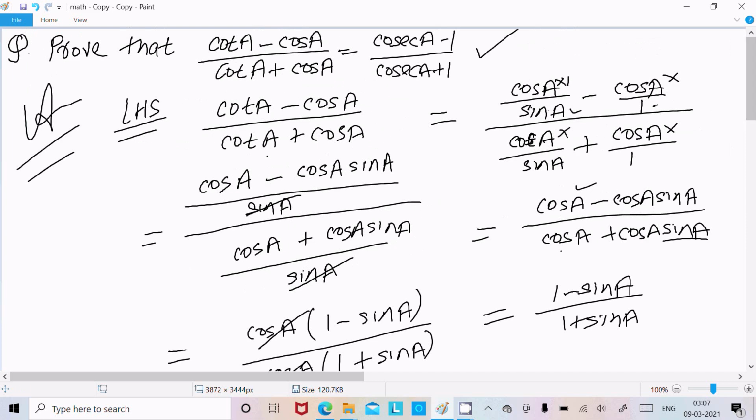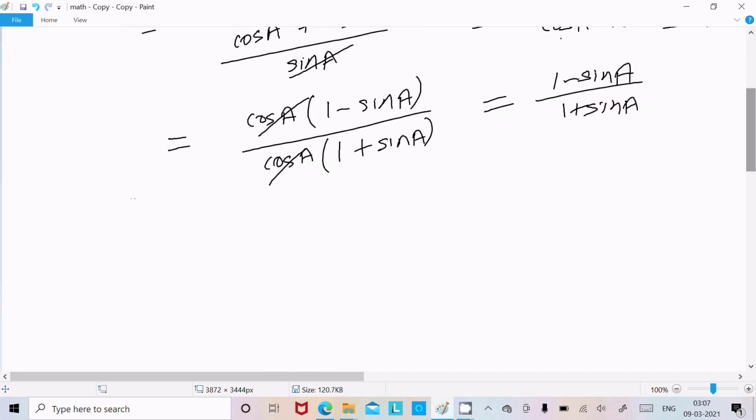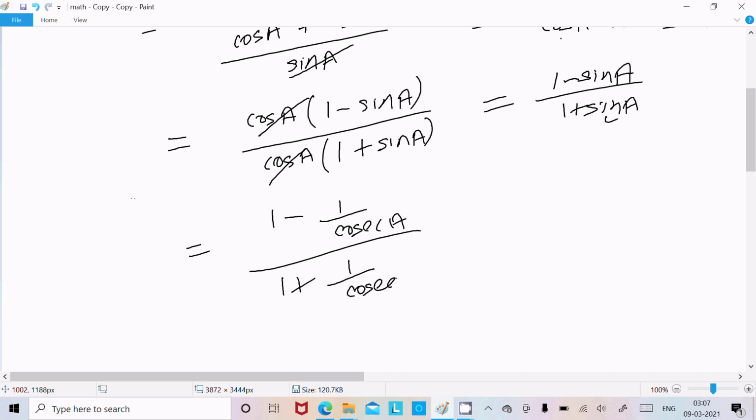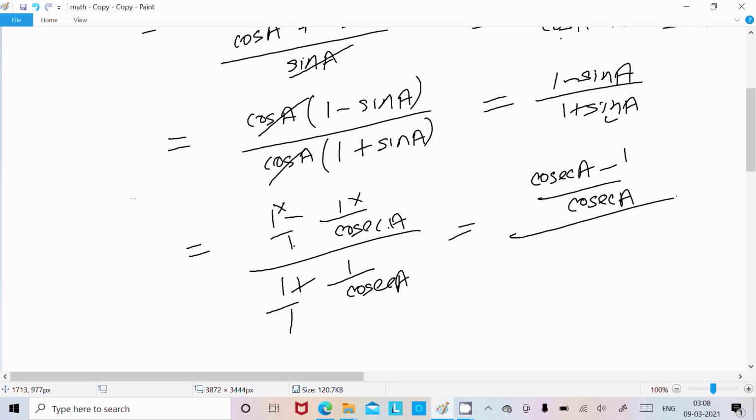Now here our intention is to make the cosec form, so we can write for sine 1 by cosec A, and for this one also 1 by cosec A. So 1 and cosec A, the LCM comes cosec A. 1 divided with cosec A comes cosec A multiplied with 1, so here we can write cosec A. Then 1 multiplied with this comes 1.